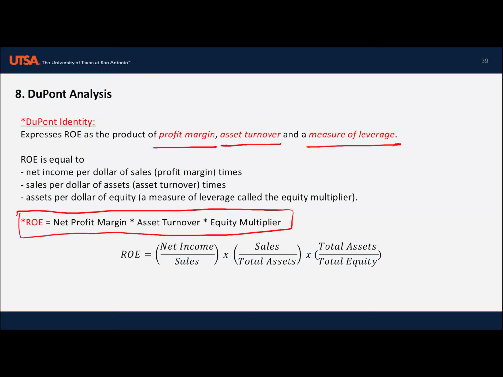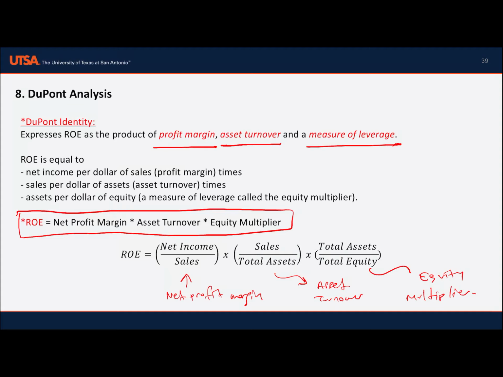by using three multiplications, which are net profit margin, asset turnover, and equity multiplier.